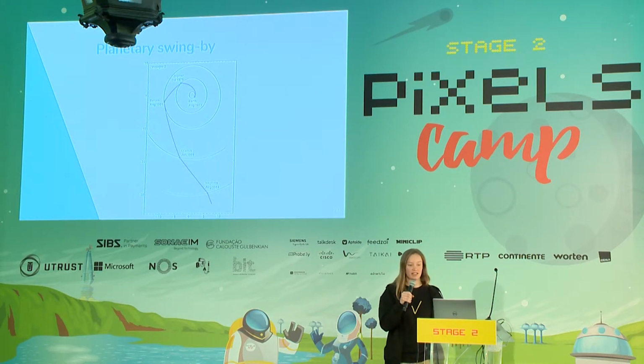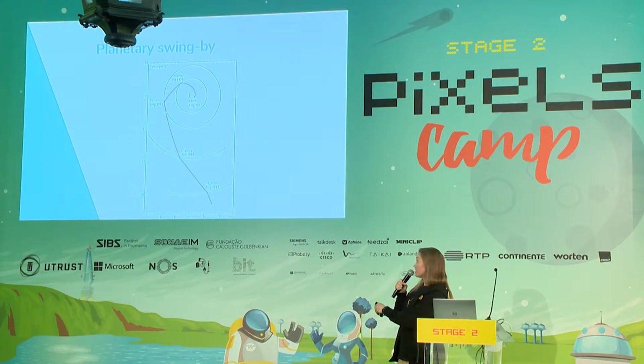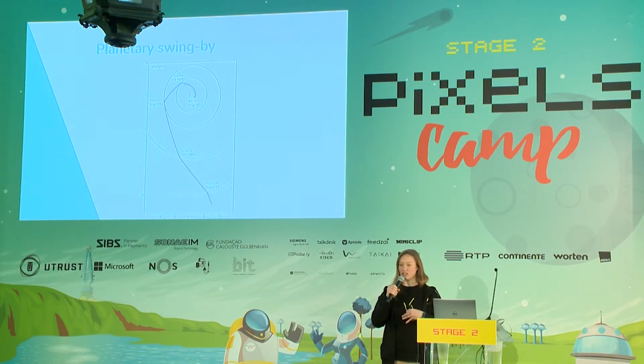The way it works is that you start here on Earth with an orbit around the Earth, and then you have a trajectory where you pass by all of the big planets on the way, and these planets give you an extra push, extra velocity, to go further out in the solar system.